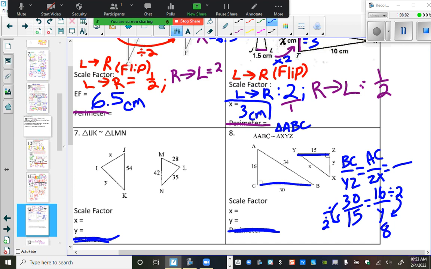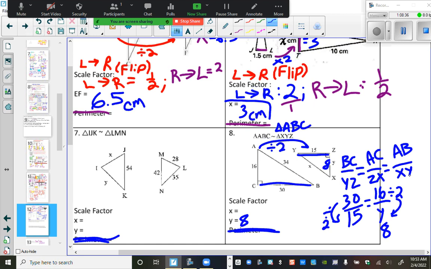So Y would equal 8. So yeah, just divide by 2, from the larger to the smaller triangle. And then by process of elimination, you know that AB and XY are going to connect.